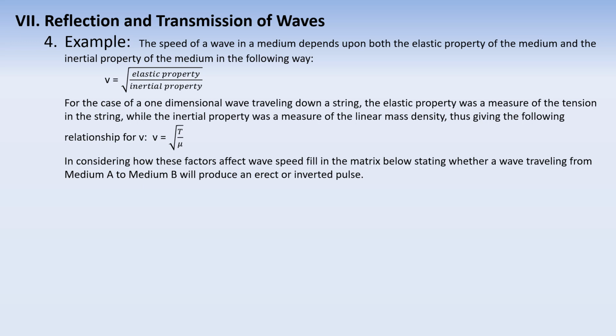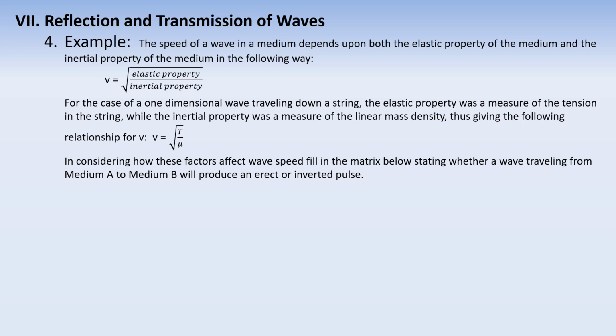So in this problem, and very often in other problems, you will be given information not about the speed directly, but information from which you will have to then take the added step of figuring out the wave speed. So for a one-dimensional wave traveling on a string, we know the wave speed is directly proportional to the square root of string tension divided by the linear string density.